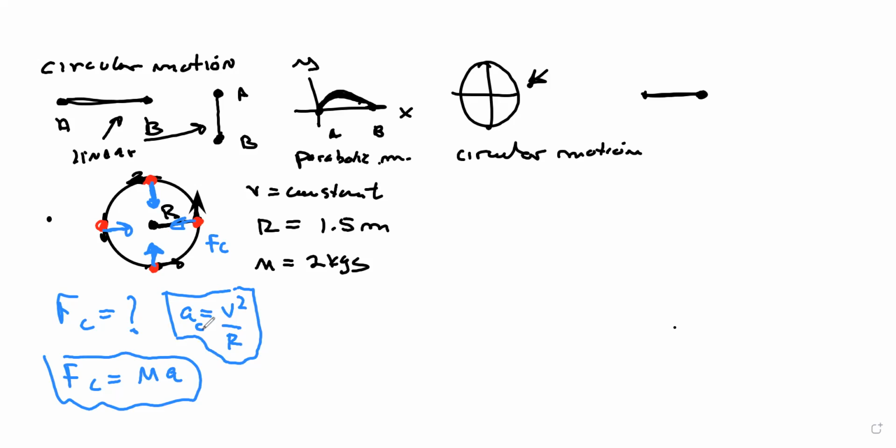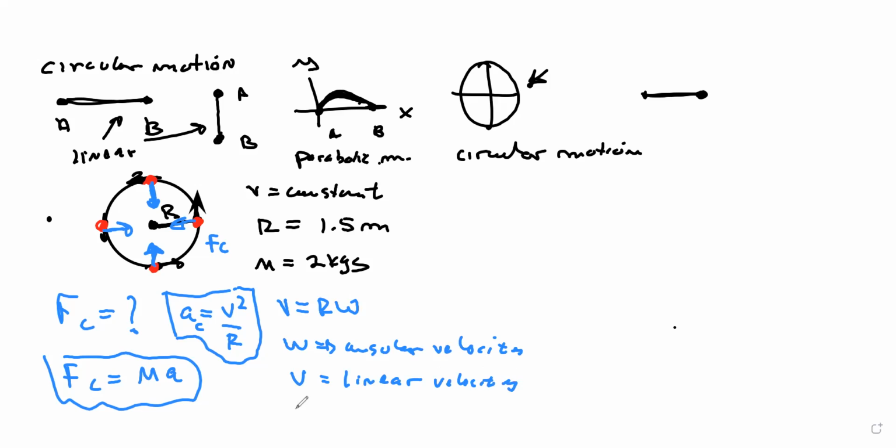Now, because the particle is moving in a circle, you have another formula which relates the linear velocity with the angular velocity. So this is going to be your angular velocity, omega, and v is going to be your linear velocity. And r is going to be the radius. Let's find the centripetal force.